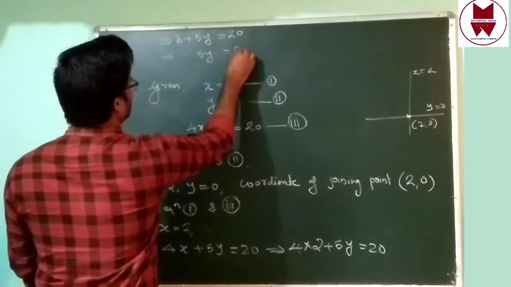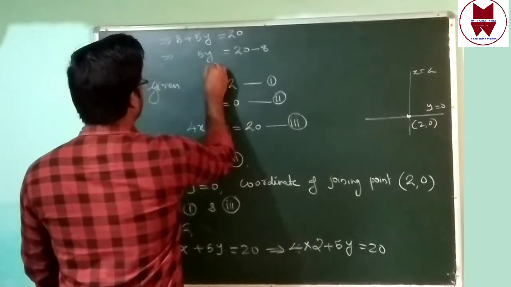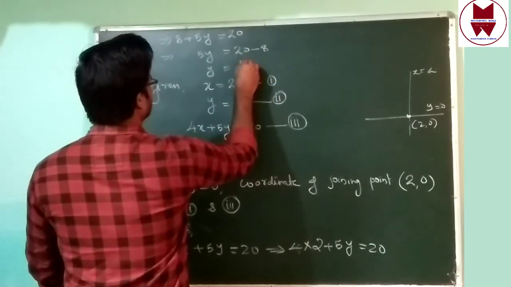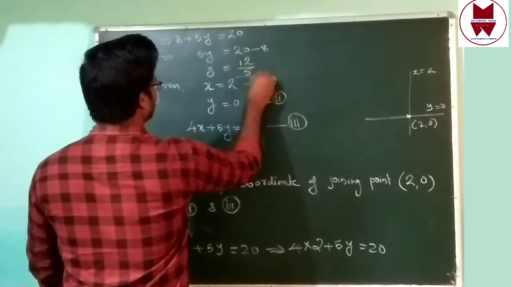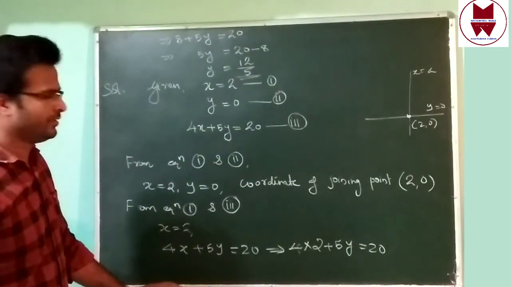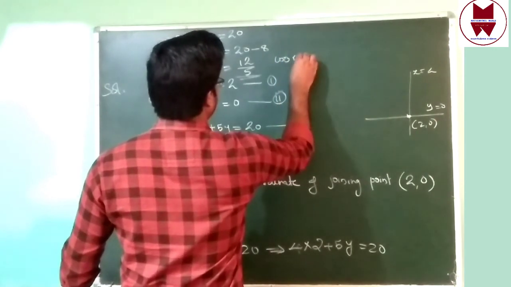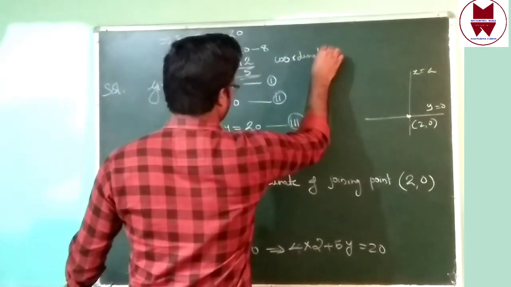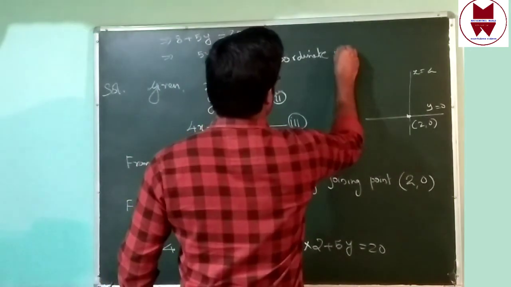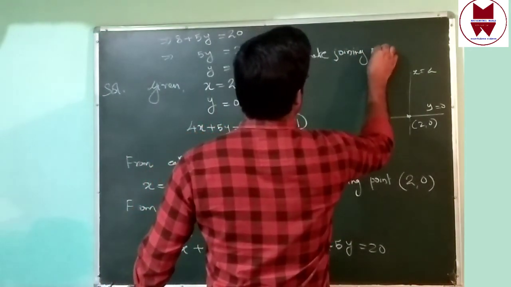5y equal to 20. 8 bring to right side, that will be minus 8. Then y equal to 20 minus 8, 12 divided by 5. We got y value is 12 divided by 5. Can write coordinate of joining point.